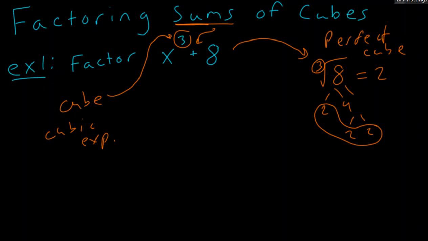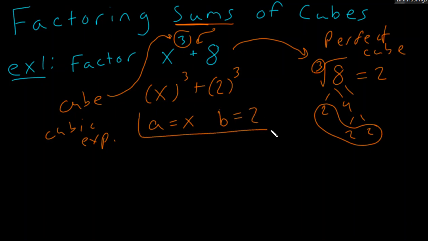Okay, so here's a different way for you to write this. You could write this as x cubed plus 2 cubed, and we're going to label the x as our a value and the 2 as our b value. And then from here, we can go ahead and write a formula. So what's the formula?